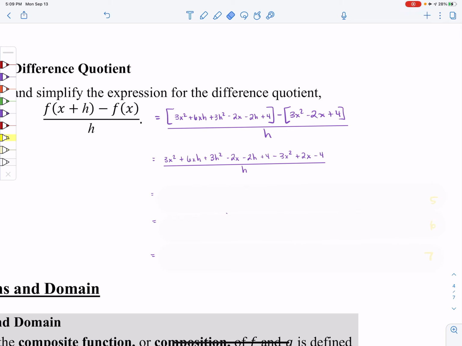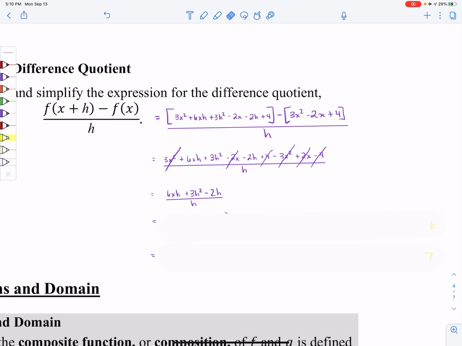Now I'm going to combine my like terms. And you'll notice here that I have a 3x squared and a negative 3x squared. They're going to zero each other out. I also have a positive 2x and a negative 2x. They will zero each other out. And I have a positive 4 and a negative 4 that will zero each other out. So now what I'm going to do is just simply write down all that's left over.